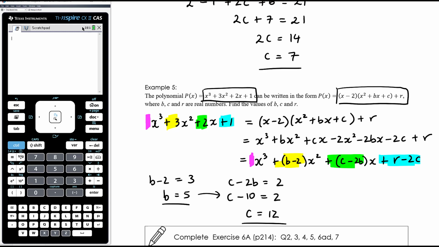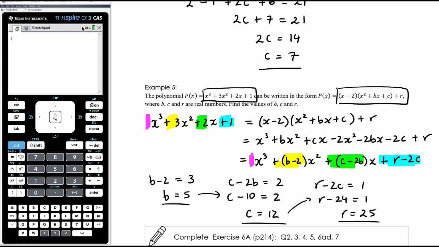And then we know that equating the constant terms, r minus 2c is equal to 1. Again, we know what c is, so that's r minus 2 times 12, which is 24, equals 1, and so r has to equal 25. And so we get the values of b, c, and r. Make sure we answer the question.